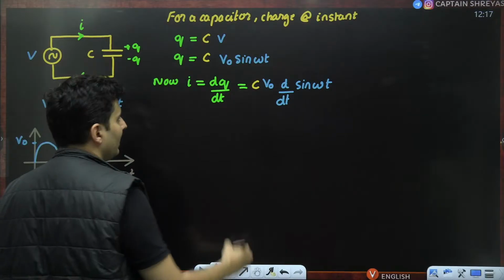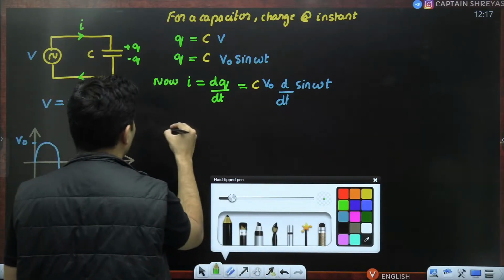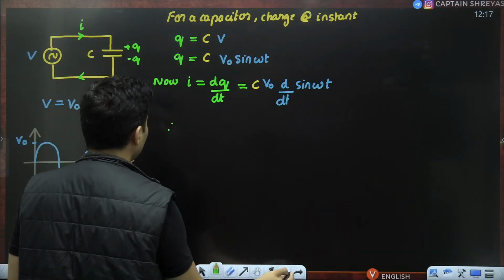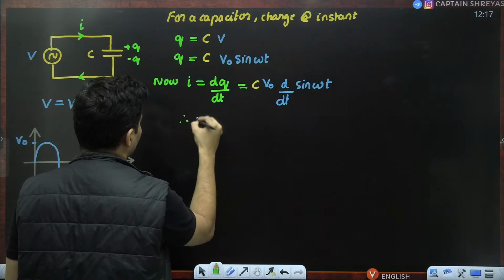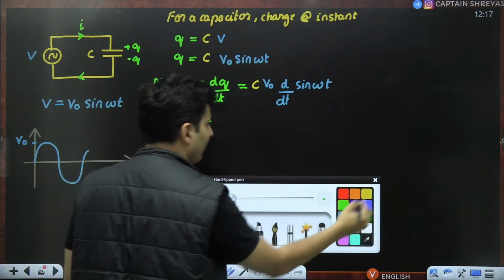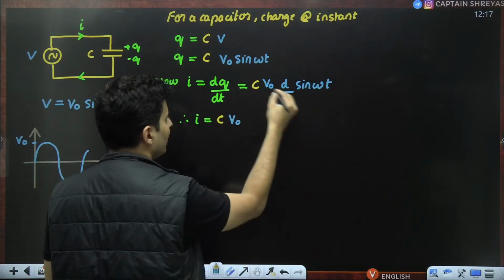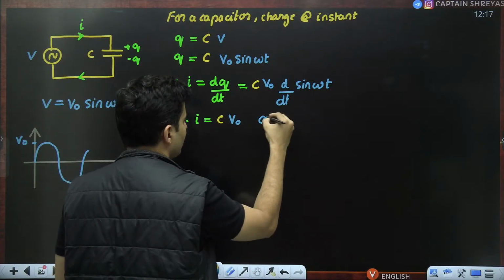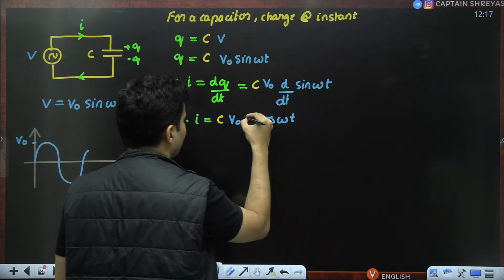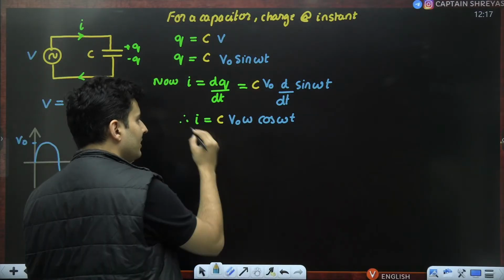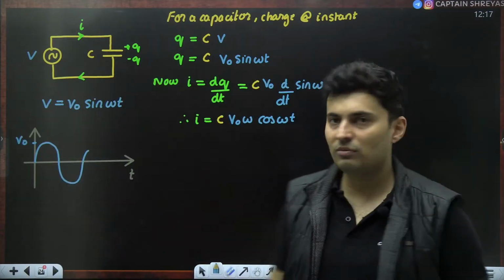What is the derivative of sine omega t? Let's find out. Therefore, the current will be: you have your capacitance as it is, you also have your voltage amplitude as it is. The derivative of sine is cos omega t, and that omega will come outside. This is what you will get.